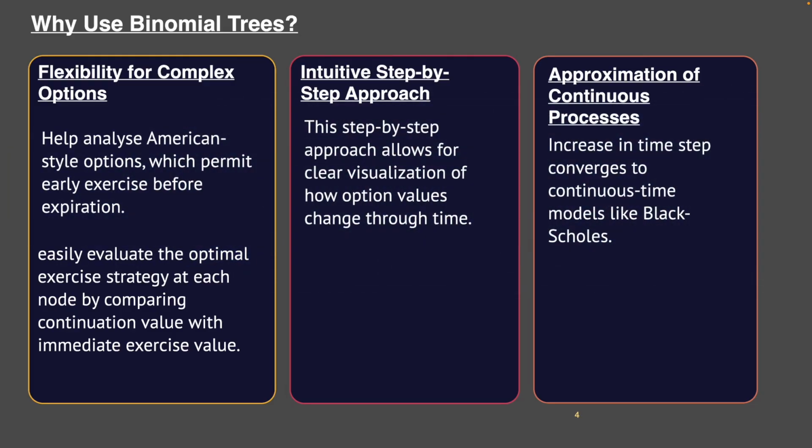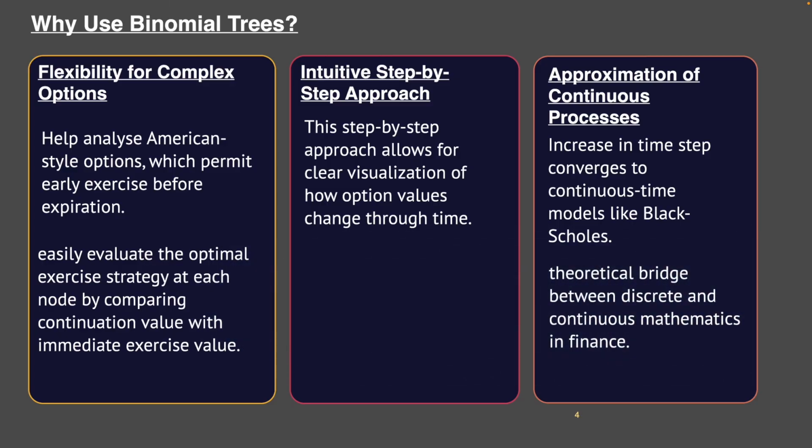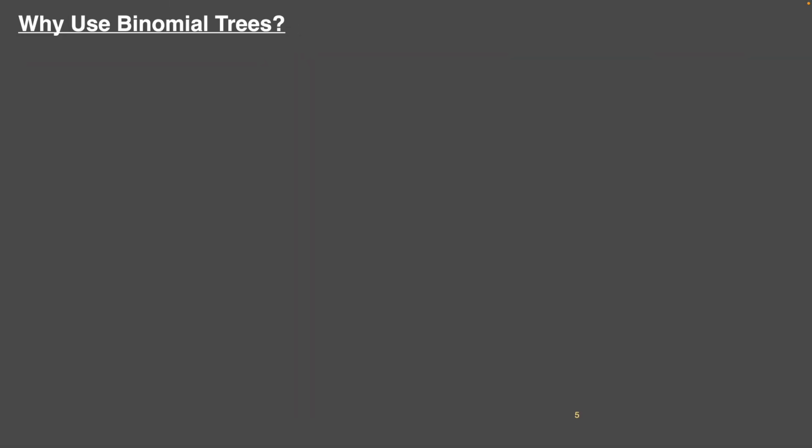Any increase in the time steps of the binomial tree will ultimately converge to the continuous time Black-Scholes model. So the binomial tree basically acts as a bridge between the discrete model and the continuous model in finance.